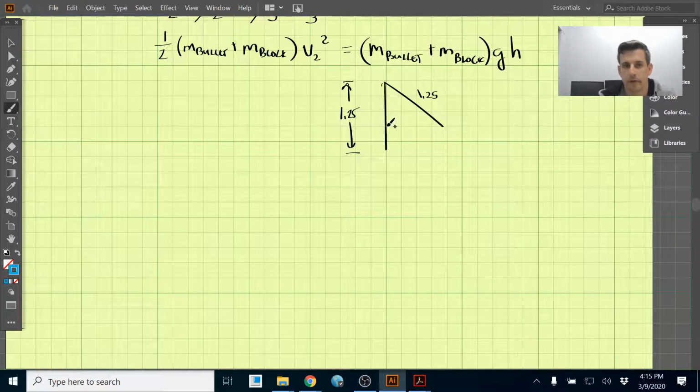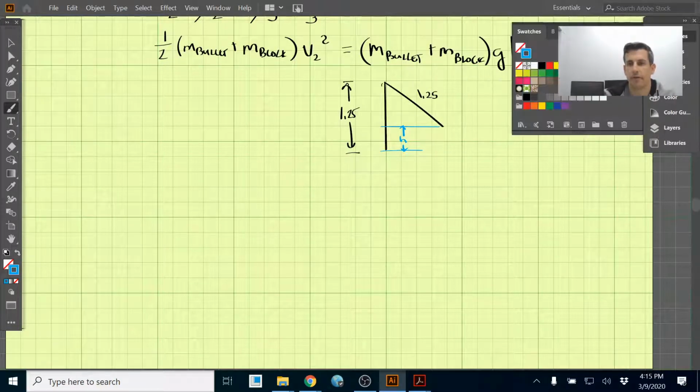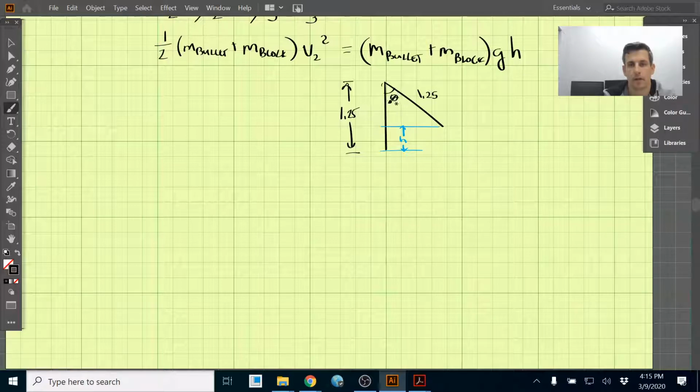And the height change, let's see if I can draw this. H is the distance from here to here. So that is h. And we have this angle being theta. Theta is here. So what is this distance then?